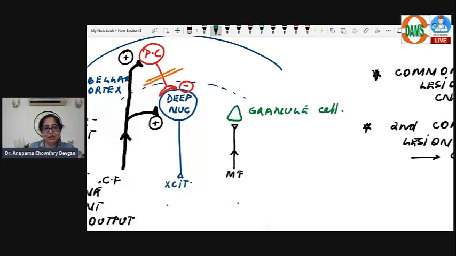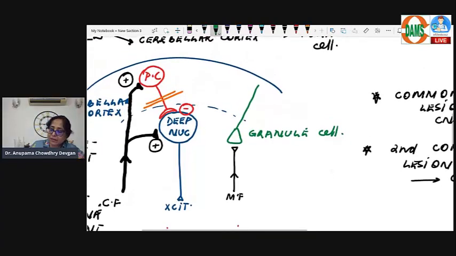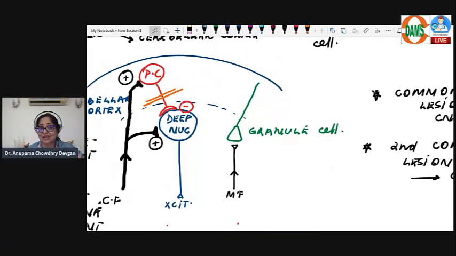This will synapse with the granule cell. And granule cell will give rise to fibers. Remember, granule cell is an excitatory neuron. Granule cell is not the same thing as the deep nuclei. Deep nuclei are a separate set of cells which form the nucleus deep to the cerebellar cortex.